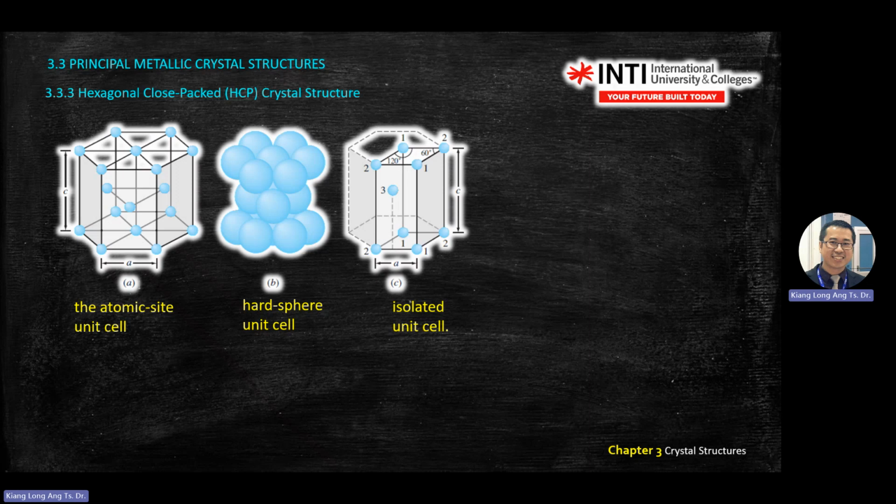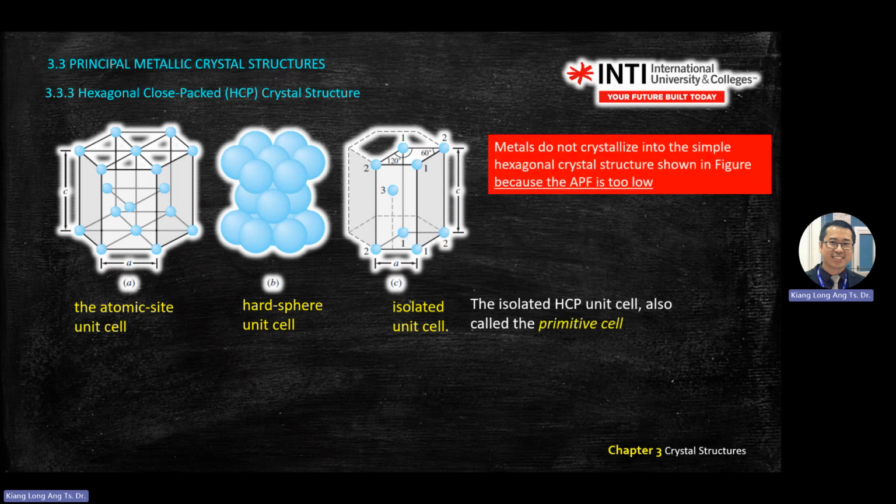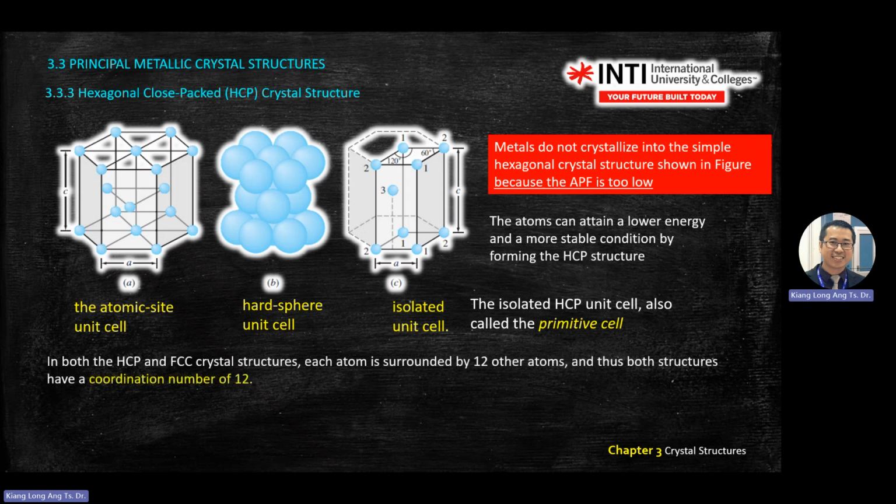But it's sufficient if you draw this one and you add in the parameters from the isolated cell. Okay. So matter does not crystallize into simple structures as shown because the atomic packing factor is too low.